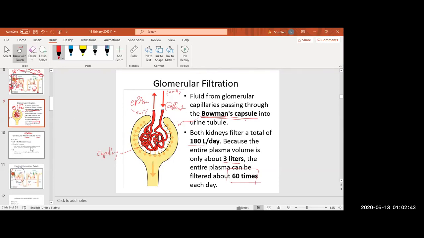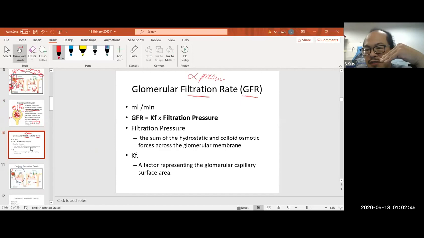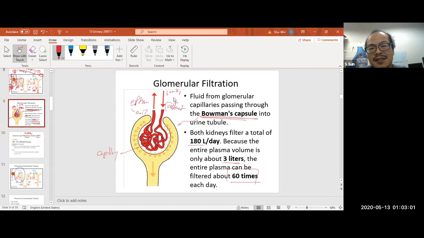All right. So this filtration has two factors. One is pressure, so filtration pressure. Pressure is basically defined by the blood pressure, because this is coming from the afferent arteriole, and that 60 mmHg is very much controlled by our heart pressure, our blood pressure.